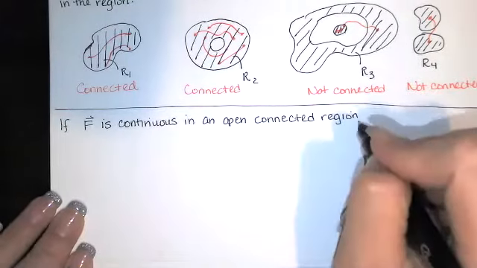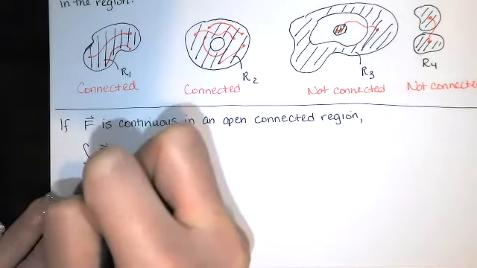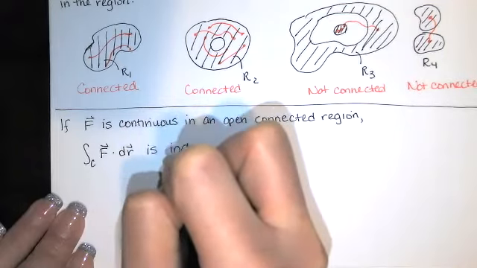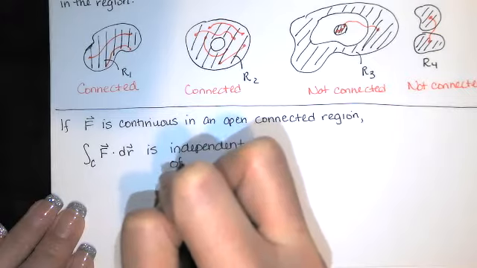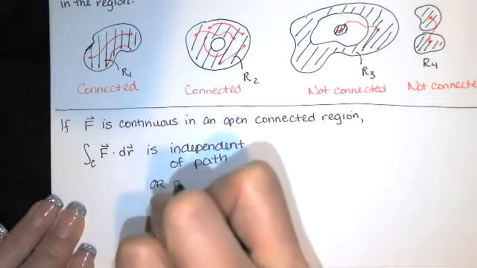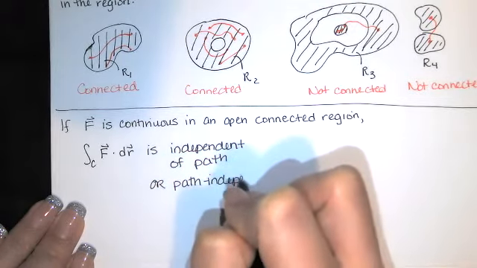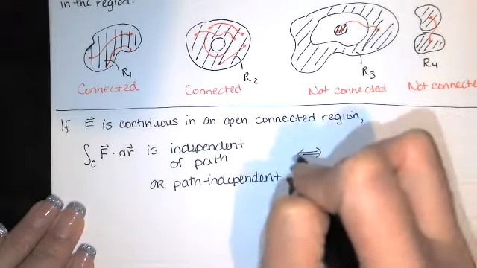If that's true, then to say that this integral is independent of path, or I'll call it path independent, if and only if F is conservative.